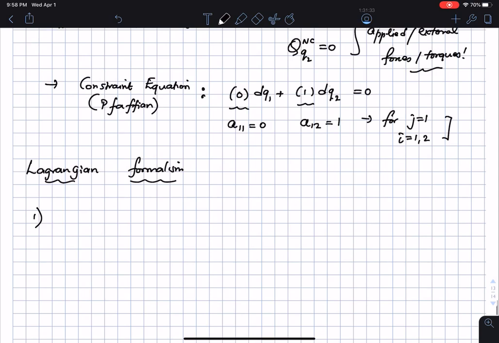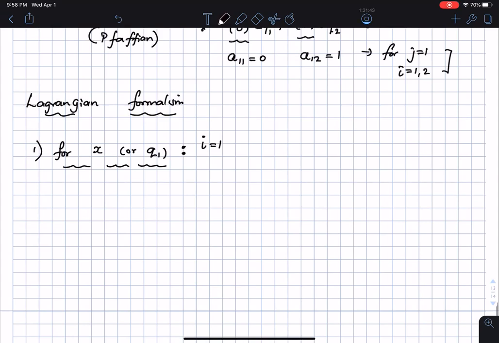First one, for x or q1, i is equal to 1, right?